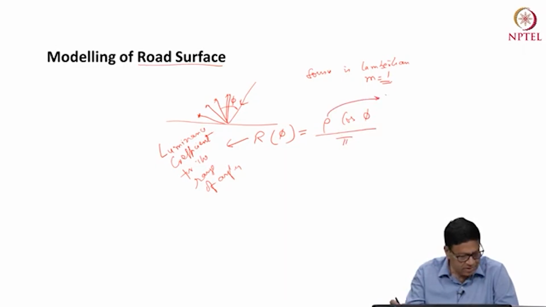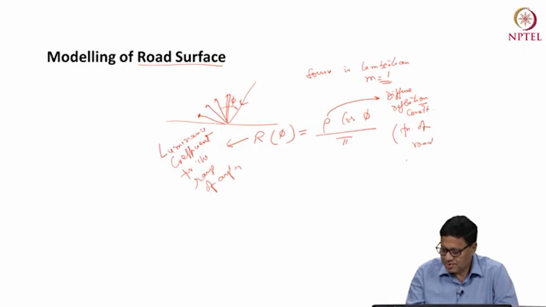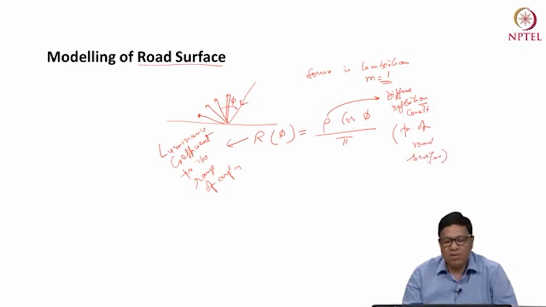Rho is the diffuse reflection constant, which is actually a function of road surface. So this is how, broadly, a road surface can be modeled.